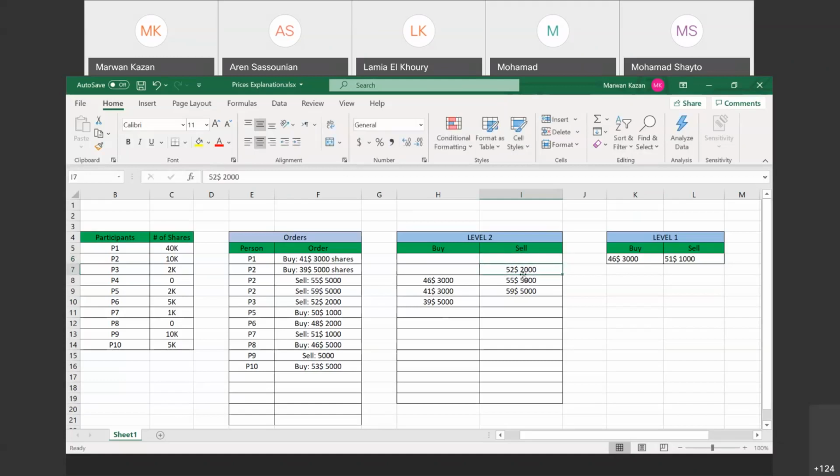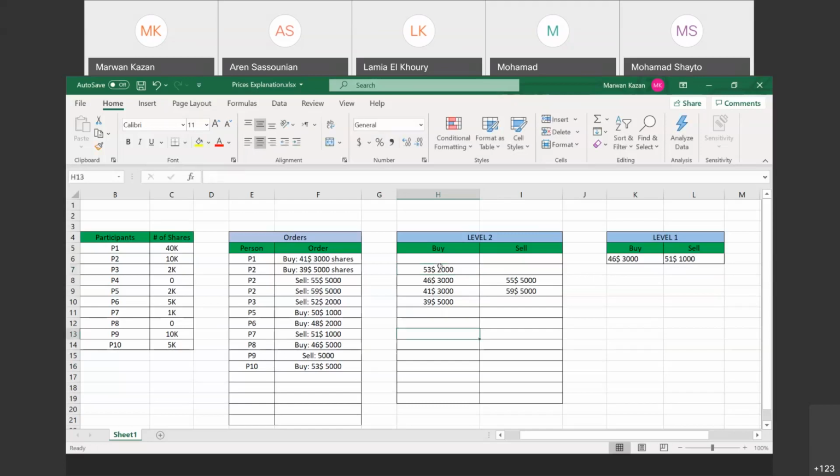Now he still needs 4,000 at 53. And here we have 2,000 at 52. So they are gone. He still needs 2,000. So it's going to be $53 here and 2,000. Why did I write it down? Oops, sorry, I should write it up actually because it's the high. He still needs 2,000 shares.